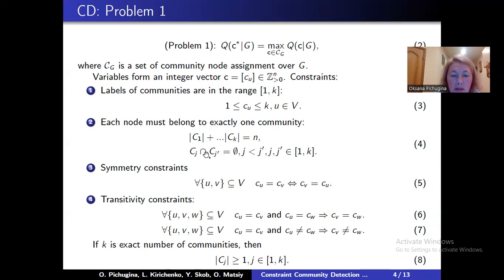Symmetry constraint: if U is in the same community as V, then V is in the same community as U. Transitivity constraint: if U and V are in the same community and U and W are in the same community, then V and W are also in the same community. If U and V are in the same community, but U and W are not, then V and W are also in different communities. And also the constraint can be present that all the communities are non-empty, so constraint 8 holds.